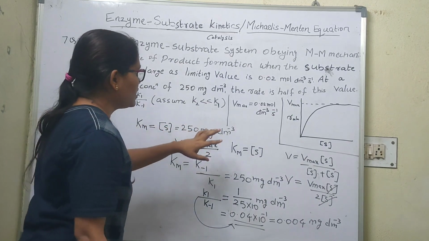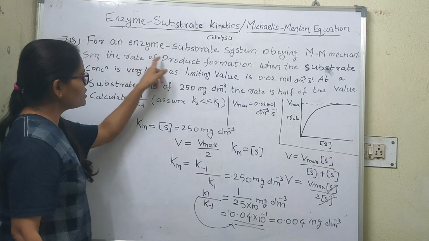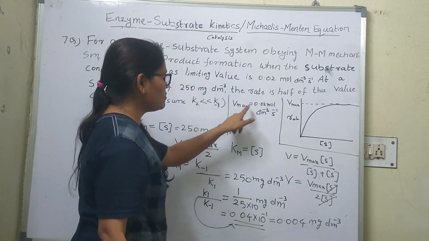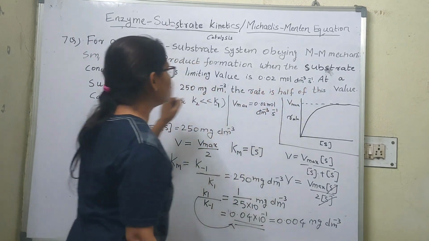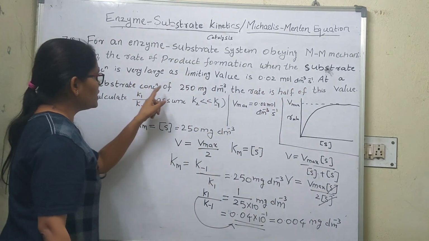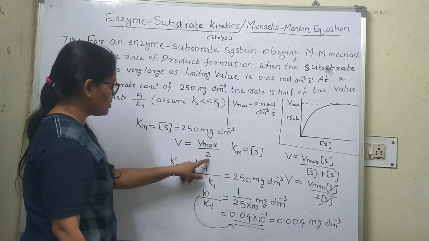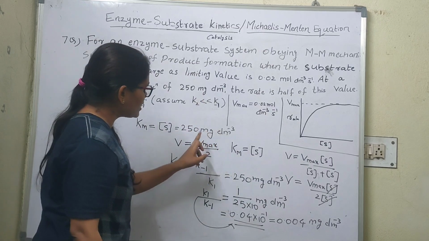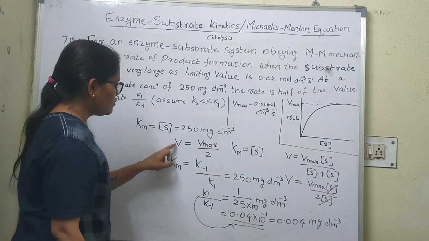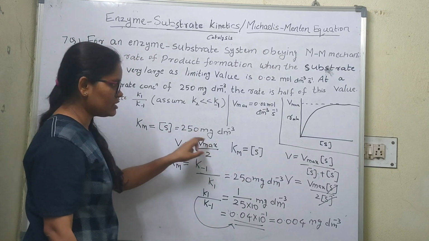Let me repeat it again because it is a bit tricky question. You are given the maximum rate, Vmax, but you have nothing to do with this maximum rate. You are given other information saying that the rate is half of the maximum rate when the concentration of substrate is 250 milligrams per decimeter cube.